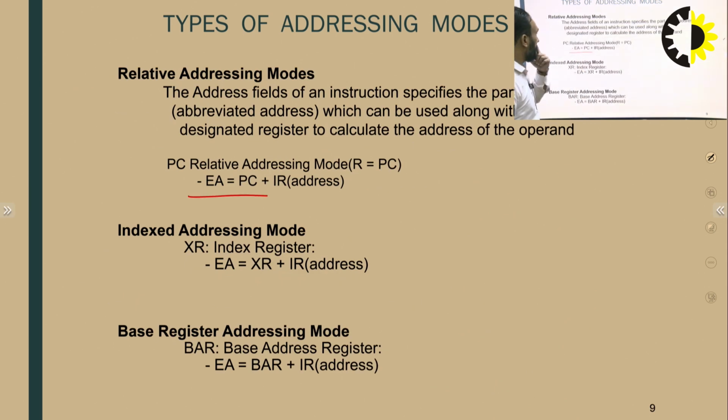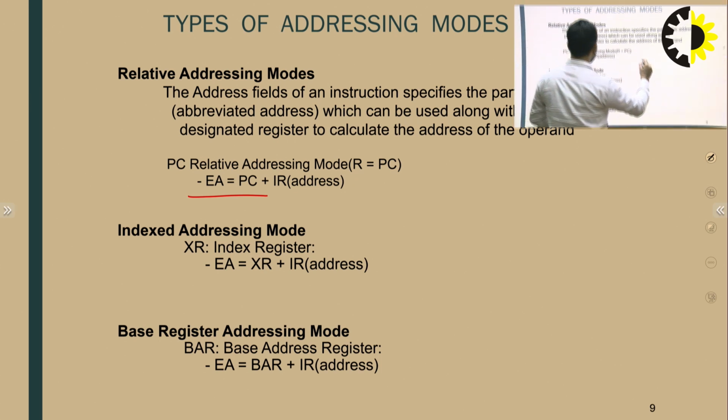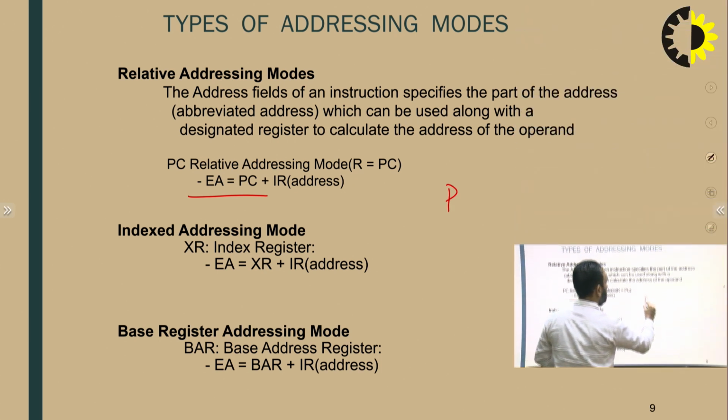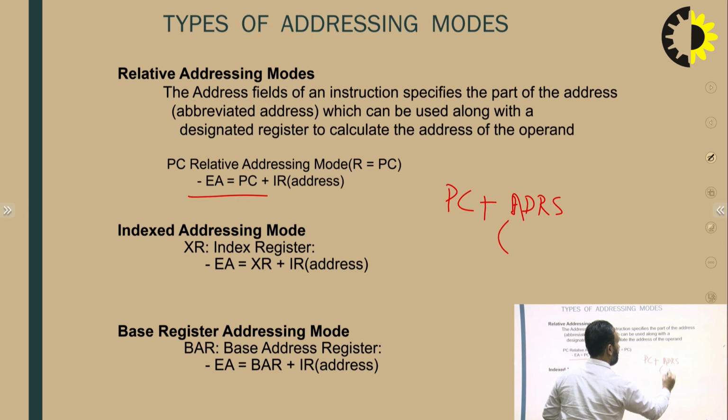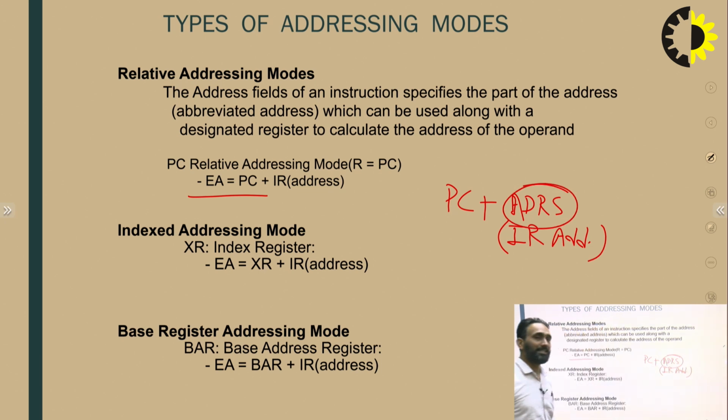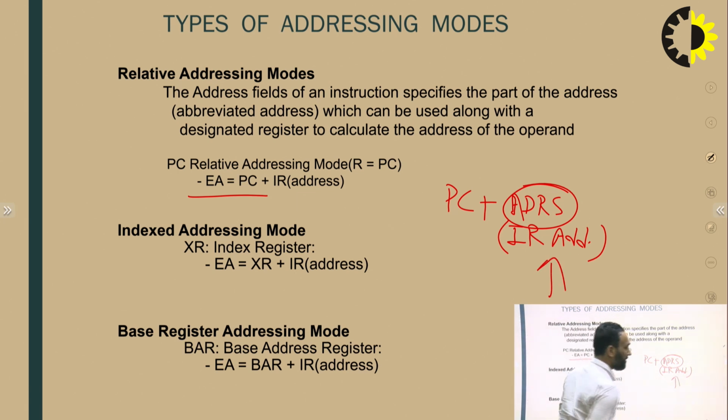Likewise, relative addressing mode. Relative addressing mode has syntax that consists of PC plus ADRS, that is, the instruction register address. In simple terms, that is the address, and technically that is the instruction address specified in a stack location, or it will be given as a numerical value.